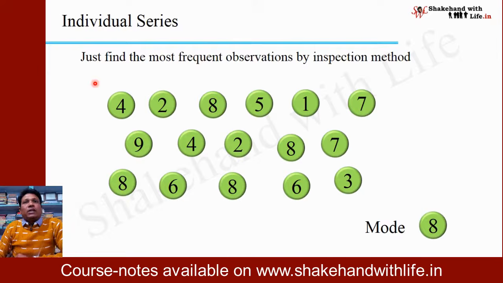Now how do you calculate the mode for an individual data series? You can calculate it by just an inspection method. Here some data values are given, and what is the mode? Here 8 is repeated 4 times, and this is the most frequent, therefore 8 is the mode.